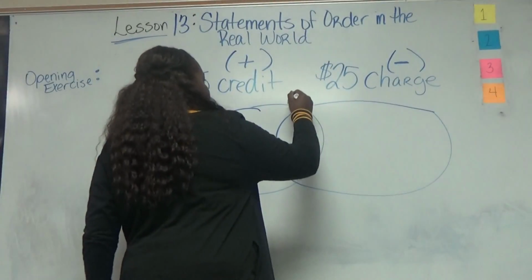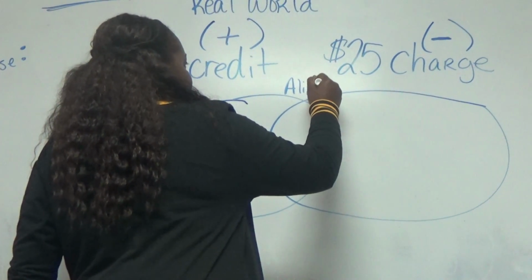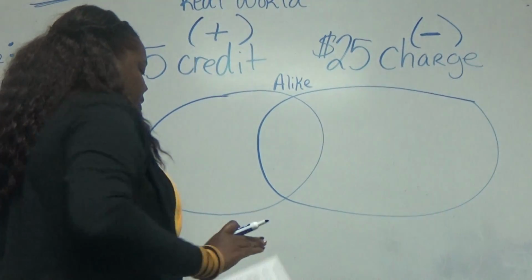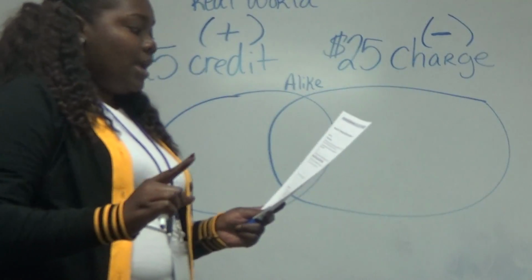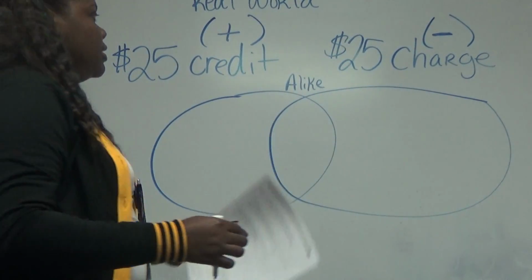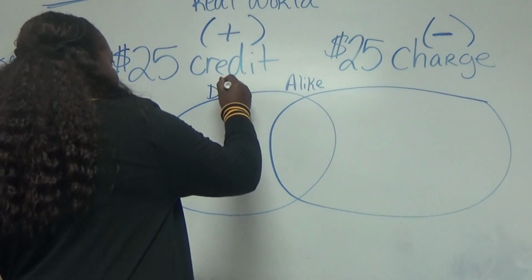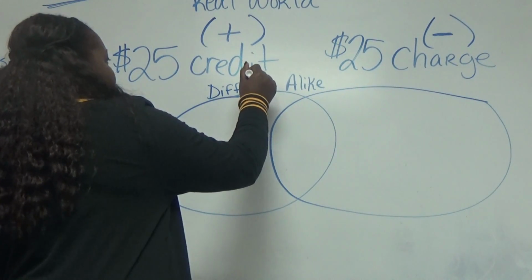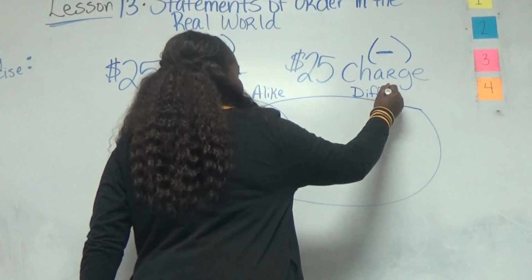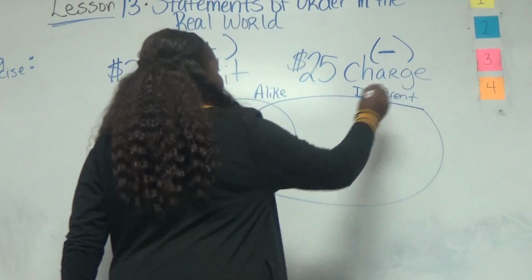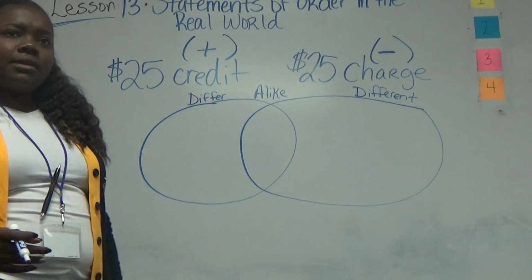So in the middle, you can draw this if you want to. This is going to help us answer the first part and the second part. Tell how they're alike or similar, and then tell how they're different. So on the outsides, I'll tell how the credit is different, and then I'll tell how the charge is different over here. Okay?